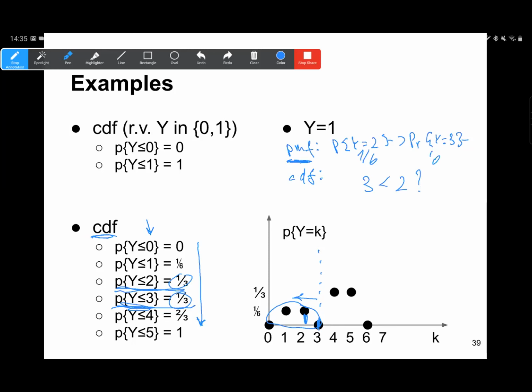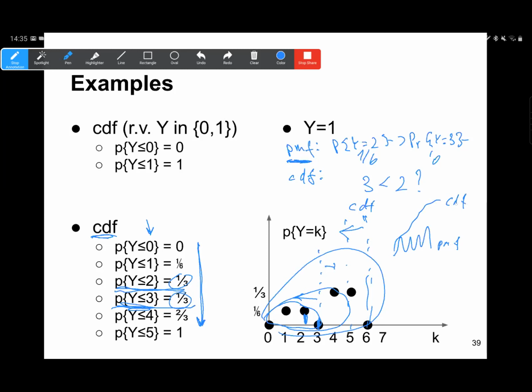It never decreases, because the farther to the right you go, the more mass you have accumulated. So the cumulative distribution function shows the total mass, the total probability, to the left of its argument. Yes, the PMF may jump up and down, but the cumulative distribution function can only grow or stay the same.